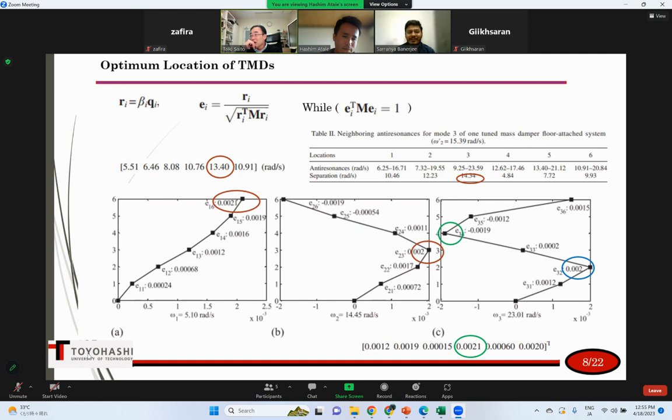I am not very sure about it. So they propose to decide the location of the TMD using this anti-resonance frequency.